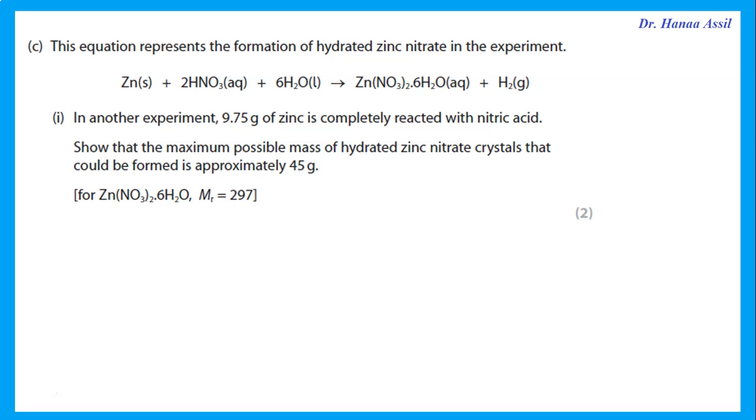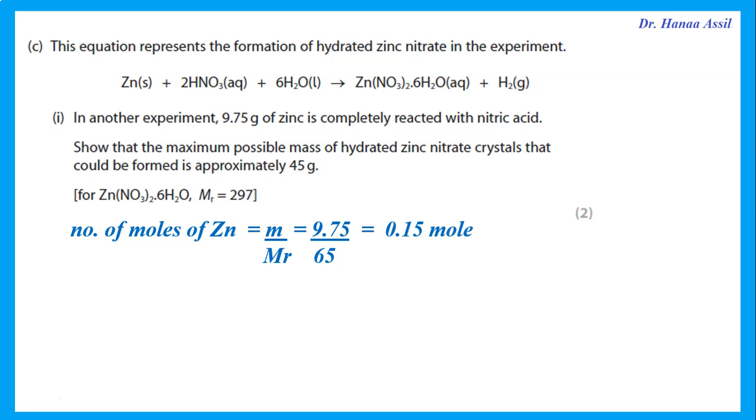So we're given information about zinc, and we're required to get the mass of zinc nitrate. What is the first thing we should do? Remember, we have information about zinc, so I need to get the number of moles of zinc. How do we get number of moles? Mass over molecular mass.